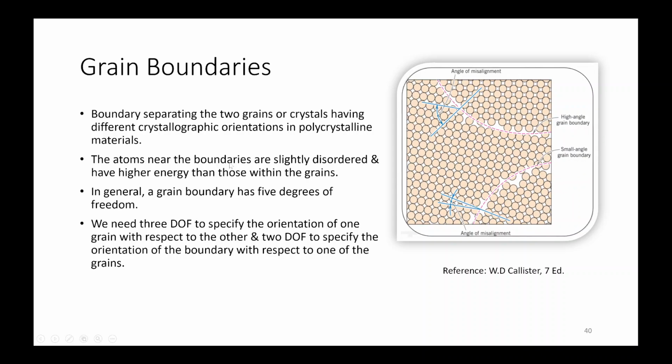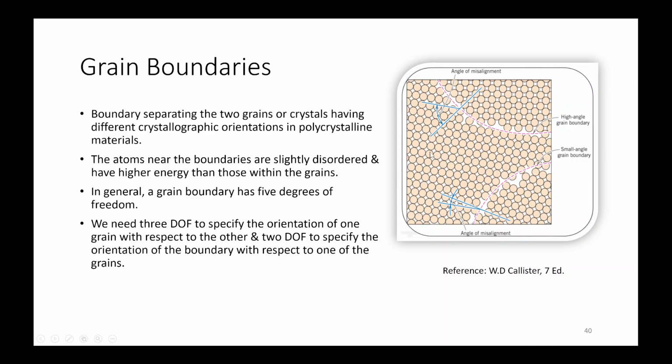The atoms near the boundaries are slightly disordered because there will be some compressive or tensile stresses and strains, and these have higher energy than atoms within the grains.